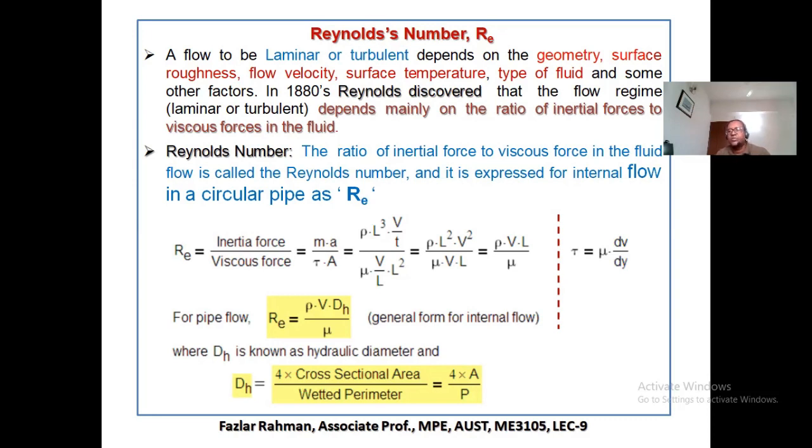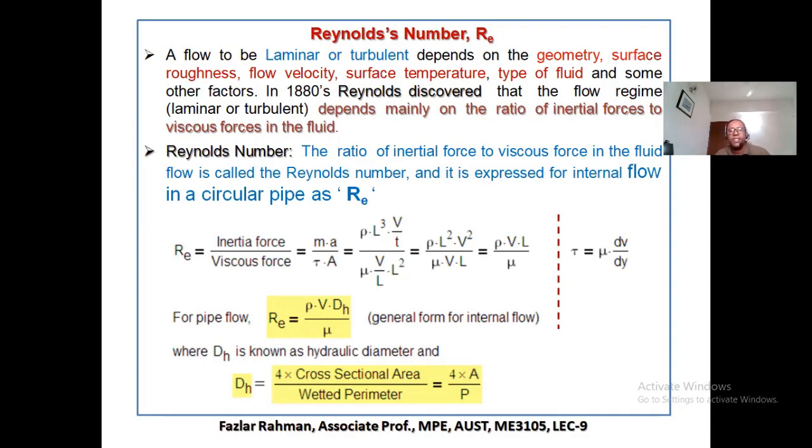For example, you might say for Reynolds number 10 to 20 flow is laminar, over 20 is turbulent. So what is the range? I just gave you an example. The 20 is your critical point. Instead of 20, it might be 200, it might be 2000, right? So before that, we need to know what the Reynolds number is, what it means, and how we can figure out the Reynolds number for a fluid flow.